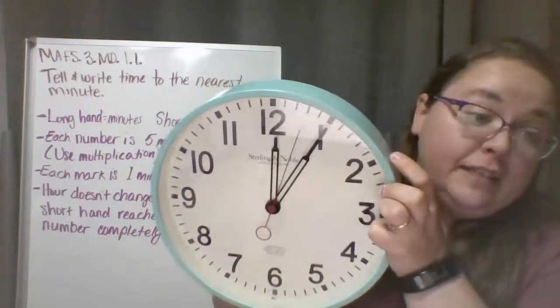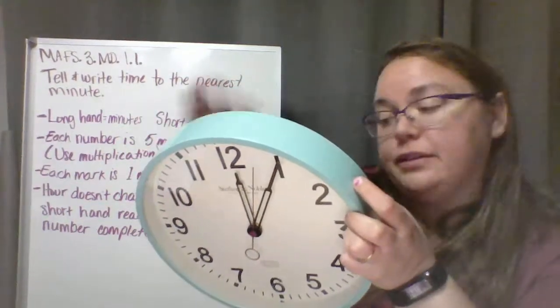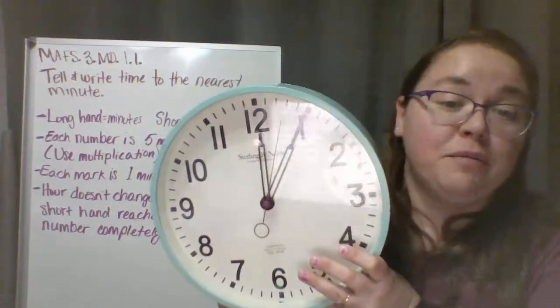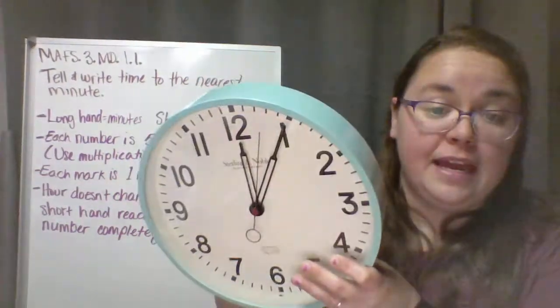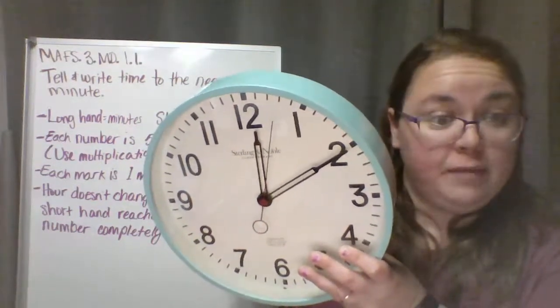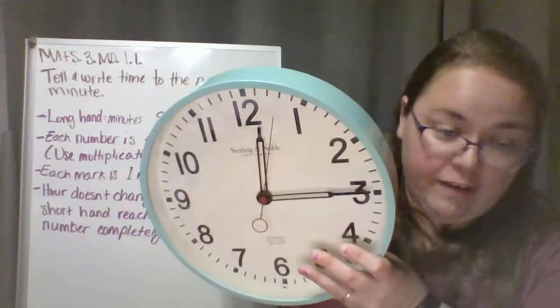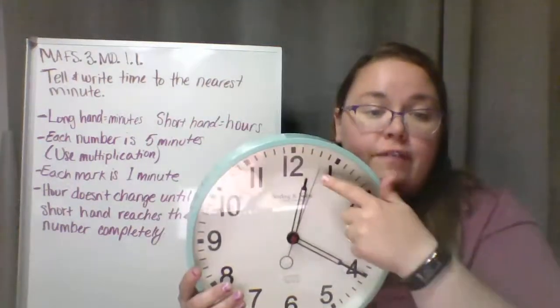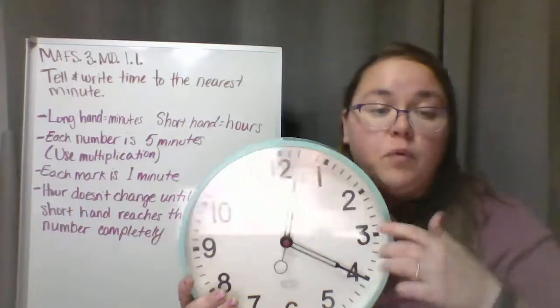It takes 5 minutes when the battery's in there and it's running on its own. When Miss Gall turns it, it takes as fast as I want it to take. So that would represent 5 minutes, when the minute hand has moved from one number to the next number. 5 minutes, 5 minutes, all the way around. Each number, 5 minutes, 5 more, 5 more, 5 more.